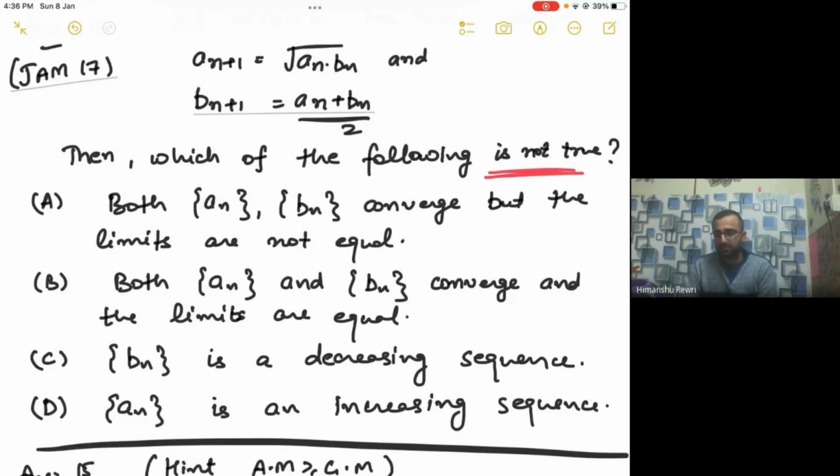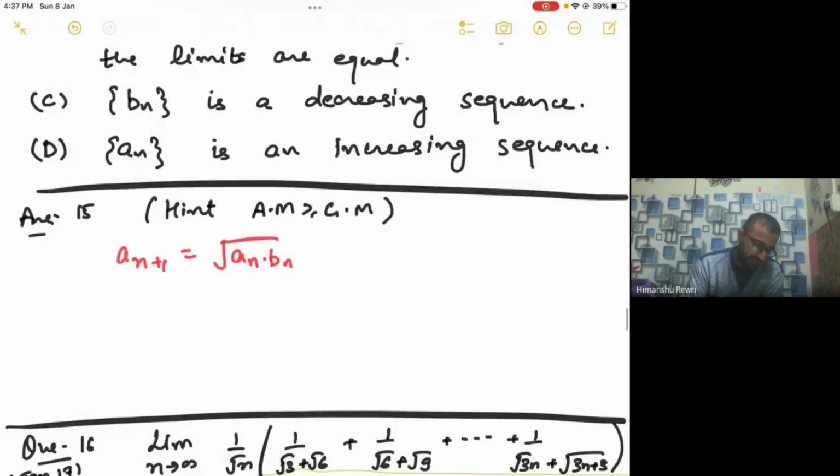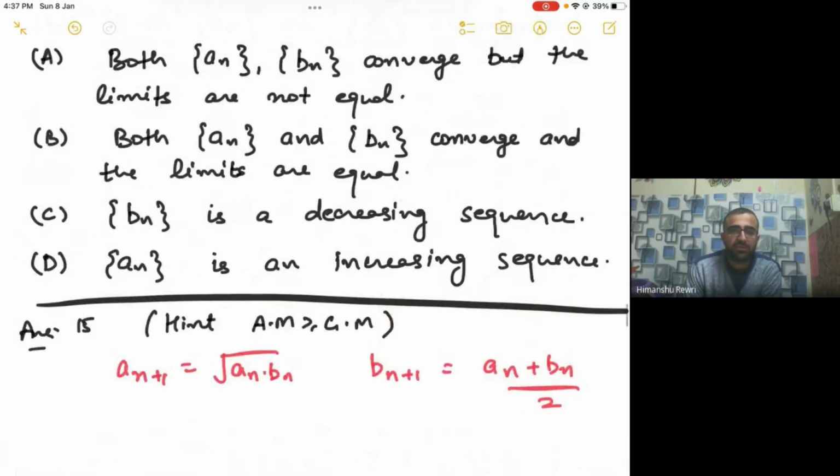How will we do this question? We are given An plus 1 is the root of An into Bn, and Bn plus 1 is An plus Bn by 2.